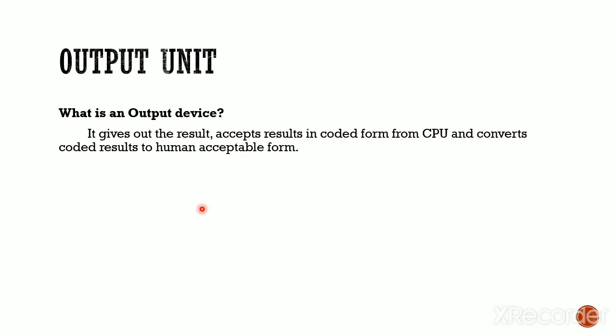Computer understands only binary values, that is zeros and ones. If it displayed combinations of zeros and ones as answers, we couldn't understand any of it. So the computer has to convert all the coded results to human understandable forms.